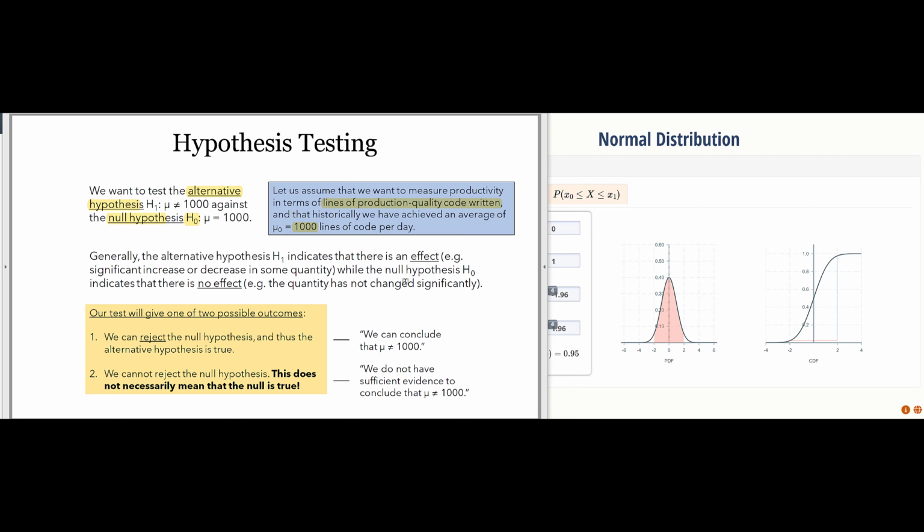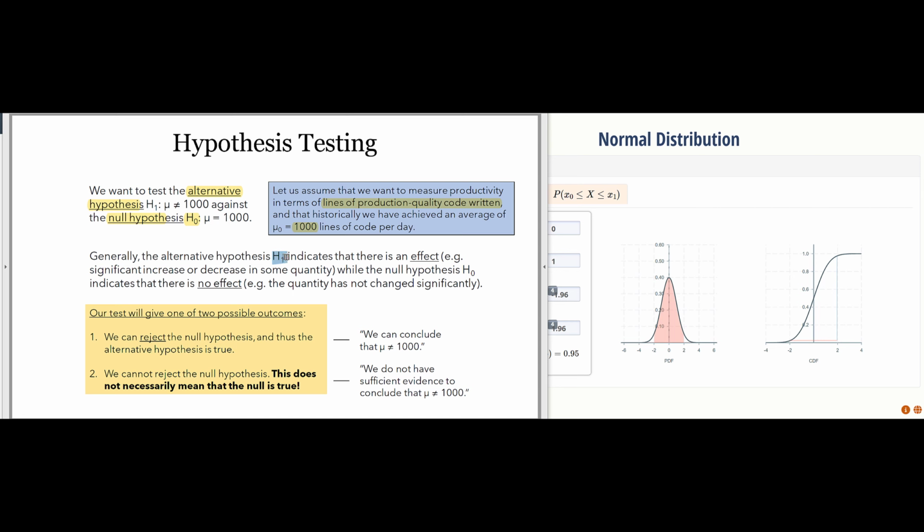Now, I would like to hire these programmers. These programmers are profoundly productive. I don't know anybody who can write 1,000 lines of code per day. But just for the sake of argument, we're assuming that our average productivity in the past has been 1,000 lines of code per day. And so our null hypothesis is that the new integrated development environment is not helping us. Therefore, the mean after we've introduced this new integrated development environment is still 1,000.